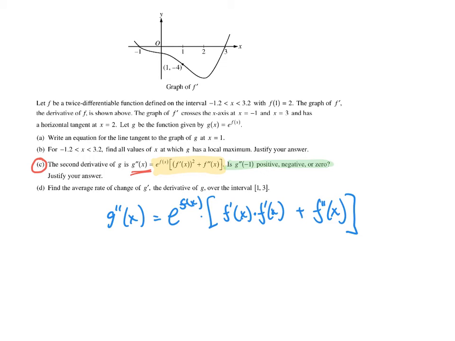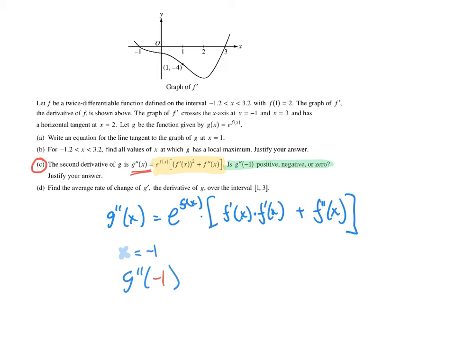All right, so I need to know what e to the f of x is. And let's talk about what x is going to be here first. x is -1. Oops, wrong pen. x equals, jeez, I'm having a good go here. That's -1. So that means we really want to know what g double prime of -1 is, or at least the sign, right?